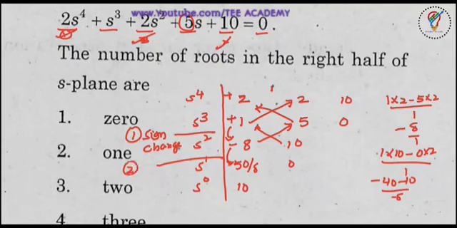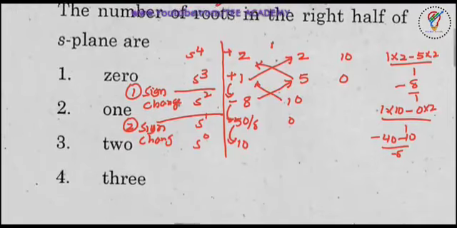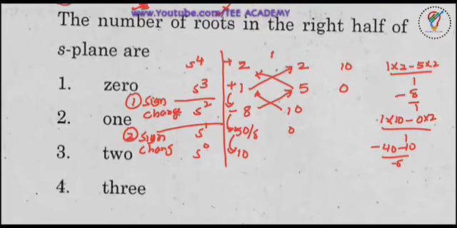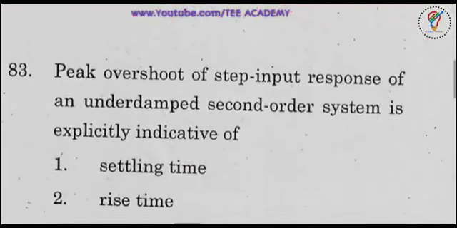So here there are two sign changes. Then positive, so no sign change. From the RH tabulation, the number of roots in the right half of the S plane is equal to the number of sign changes in the first column. So the answer is 2. We'll move to the next question.